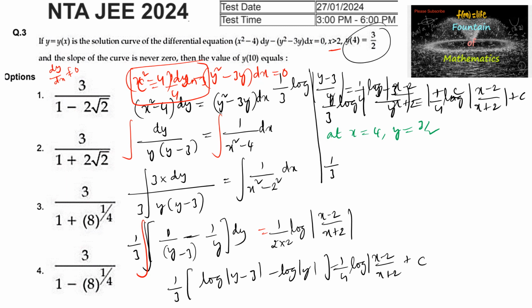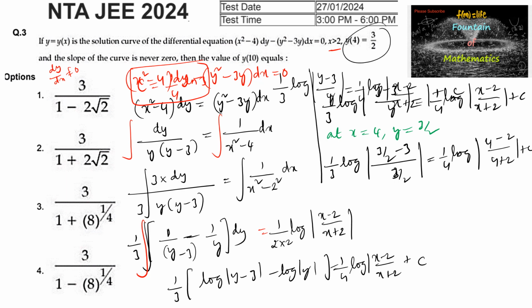So 1/3 log|(3/2 − 3)/(3/2)| = 1/4 log|(4 − 2)/(4 + 2)| + c.